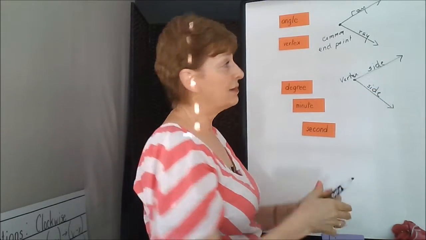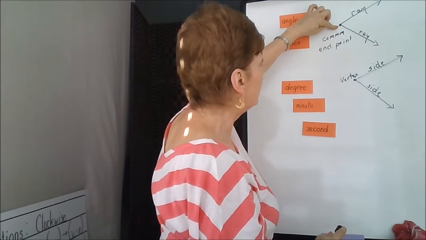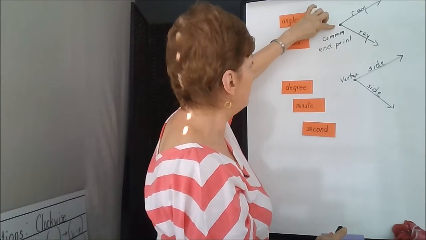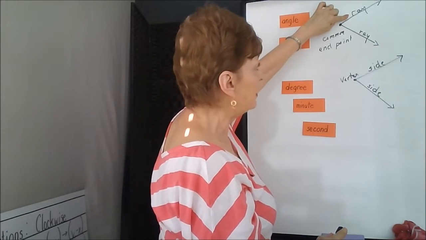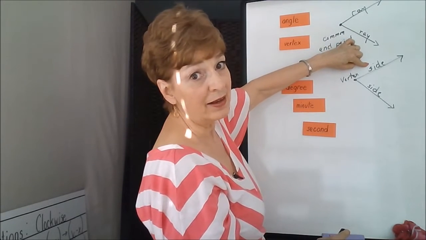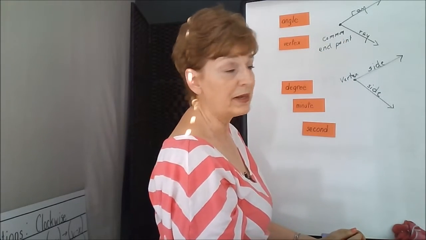So your angles are made from rays, and they both share the common endpoint, which is known as the vertex. The ray itself is called the side of the angle, and the vertex is the commonly shared point.